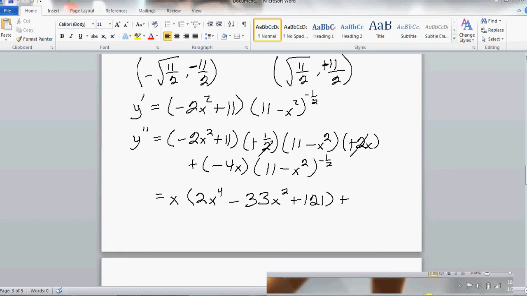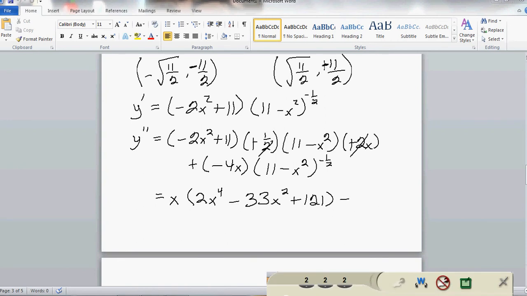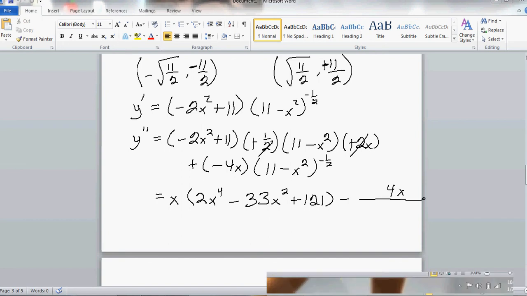Plus, and then how does this simplify? Not a whole lot. Actually, I can change this to a minus because of the negative, and this would be 4x over the square root of 11 minus x squared. And so we end up with this monstrosity up here.